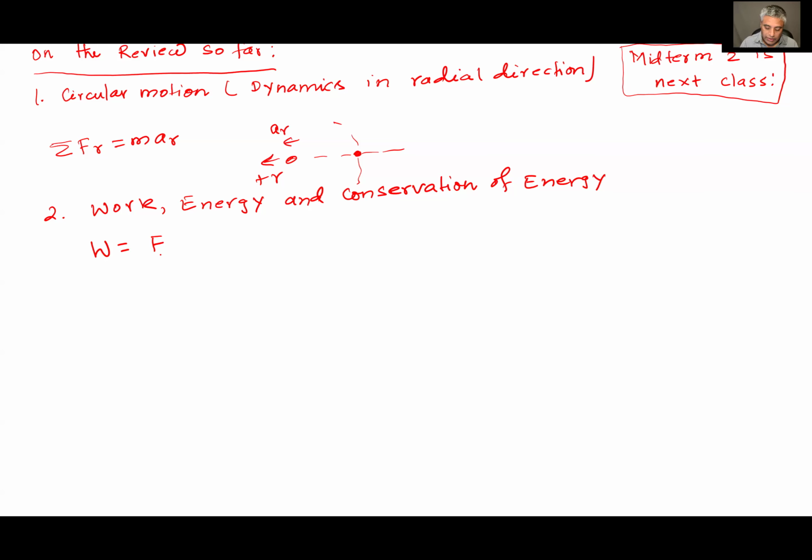So to write the work, we write the product of the force that's doing the work times the displacement caused by the application of force and times the cosine of the angle between them. This is important. And that gives the sign of the work done. So we don't use the sine of this. No sine. Sign comes from here.